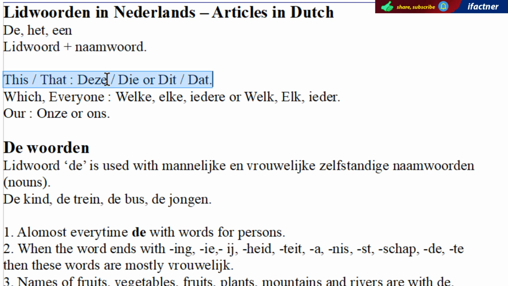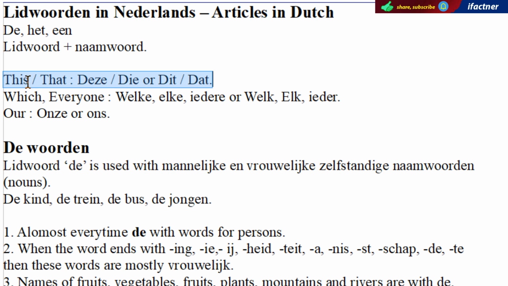Now the question arises: why do we need to understand the concepts of Lidwoorden in Dutch? The answer is that in order to speak and write proper Dutch, we need to memorize the de woorden and the het woorden.